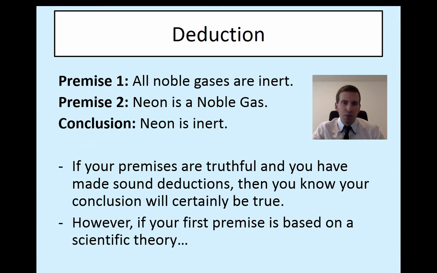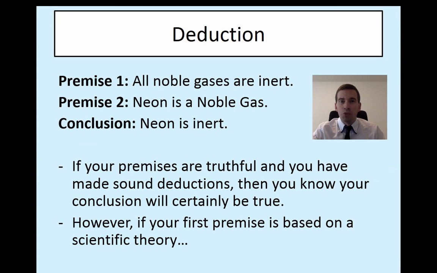Let's just link it to a scientific process. Now, in the previous video, we went through how scientific theories are not necessarily truth, and that the whole scientific process is about explaining the data you have to the best of your ability and determining theories from that.